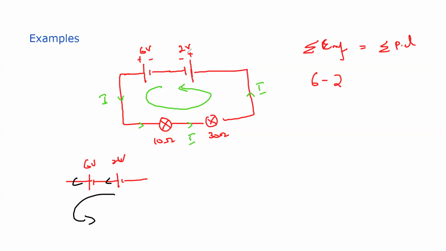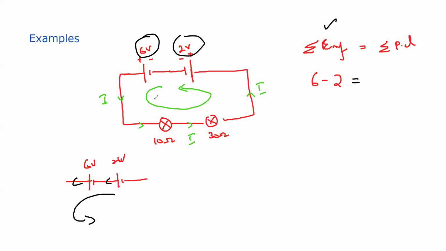But because in this case the 2 supplies are pushing the charges in opposite directions, the total EMF is found by subtraction. So it will be 6 minus 2, which is equal to 4. Is it clear, the total EMF? Anyone having a doubt how I worked out the total EMF? Okay.